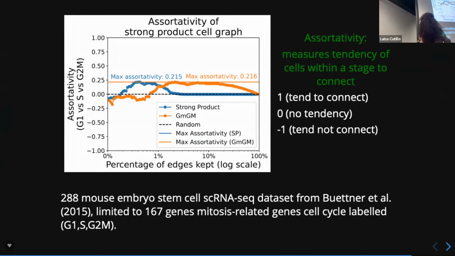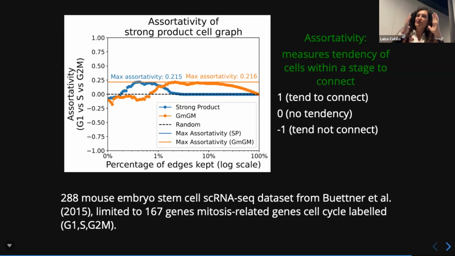We have 288 mouse embryonic stem cells, and we selected 167 genes related to mitosis. The cell cycle labels that we have on the cells are G1, S, and G2M. With that in mind, we run our approach.